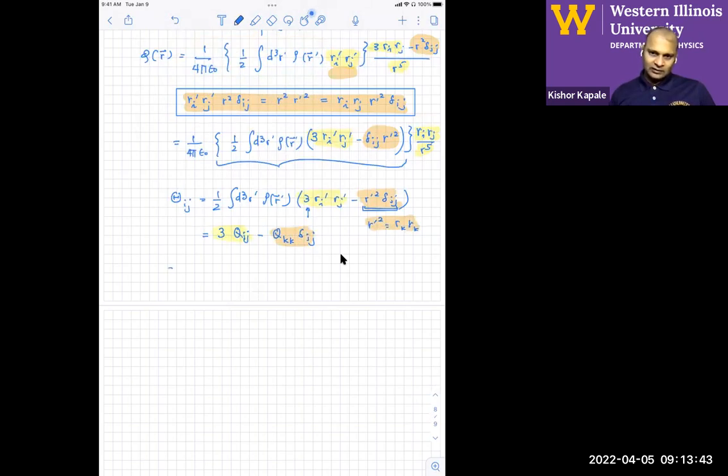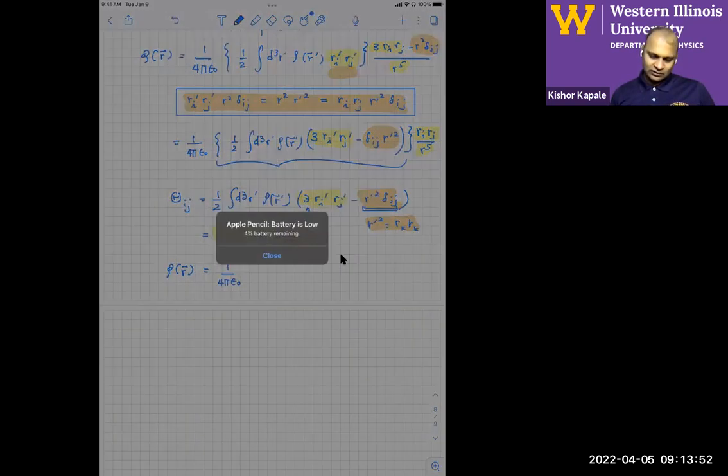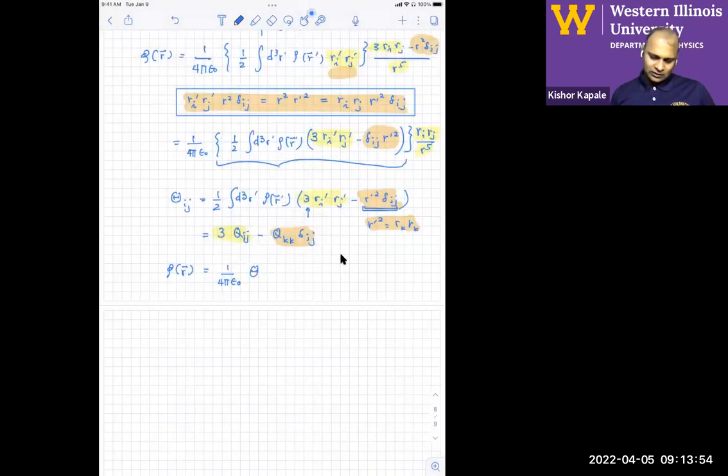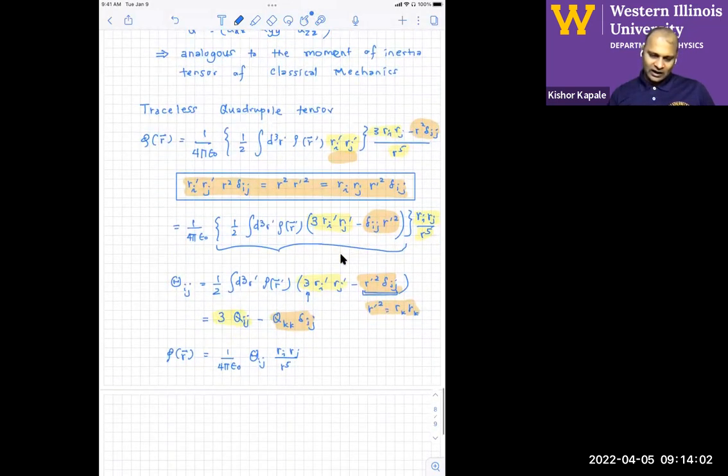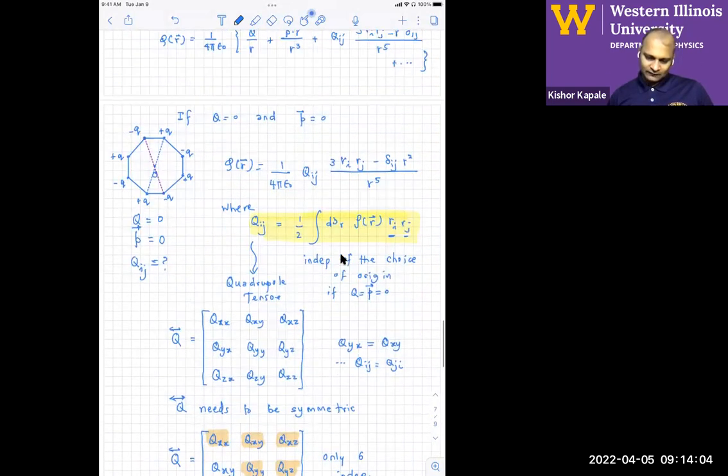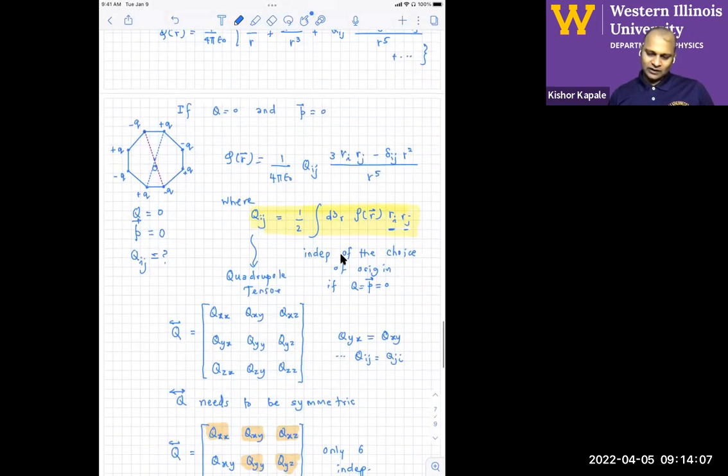Okay, and so then φ(r) is written down as 1 over 4π ε0 Θij ri rj over r to the 5. So this expression for φ(r) now is much simpler, if you will, than this one here.